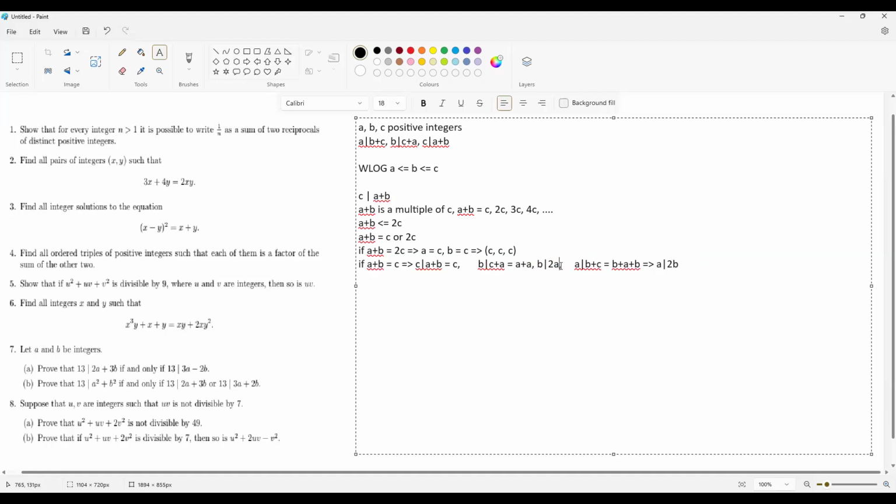But now we got another interesting condition. B should be bigger than or equal to A, but B divides 2A. Means 2A is equal to B or 2B. Let's say 2B first, and A is equal to B, and C is equal to 2A.